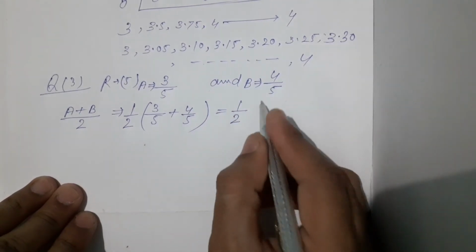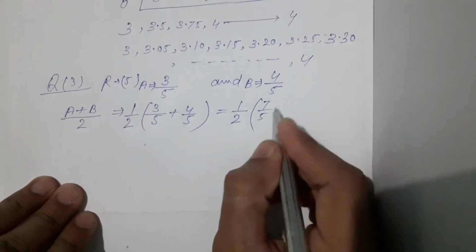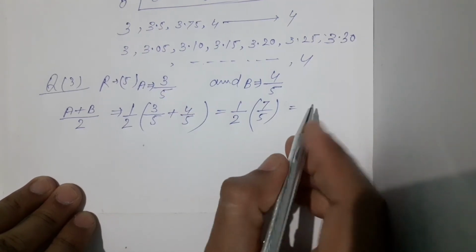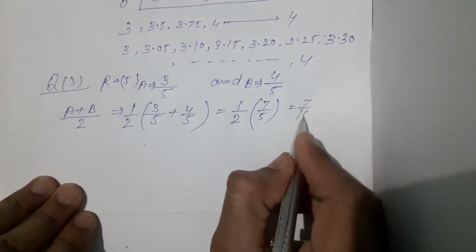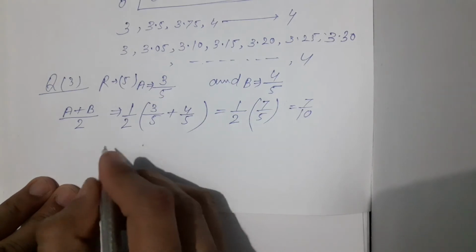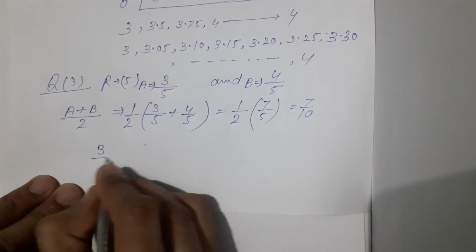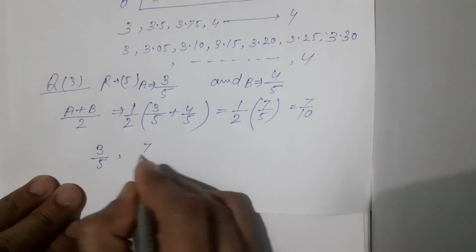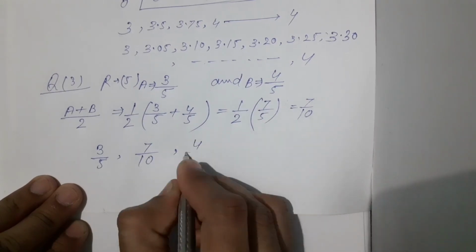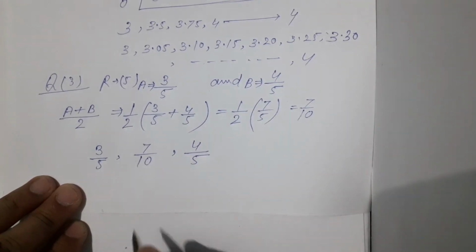Solving further, 7 upon 5, then 7 upon 10. Then the number between 3 upon 5 and 4 upon 5 is 7 upon 10.